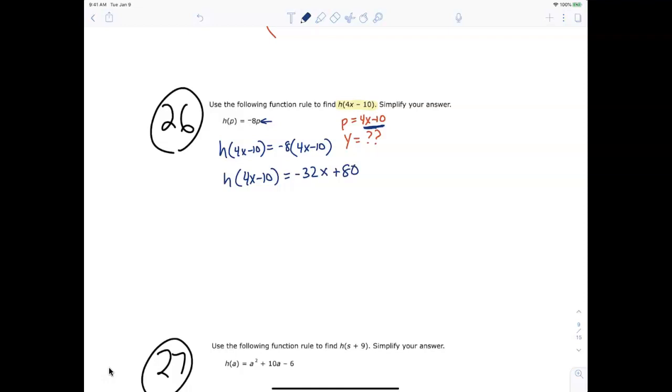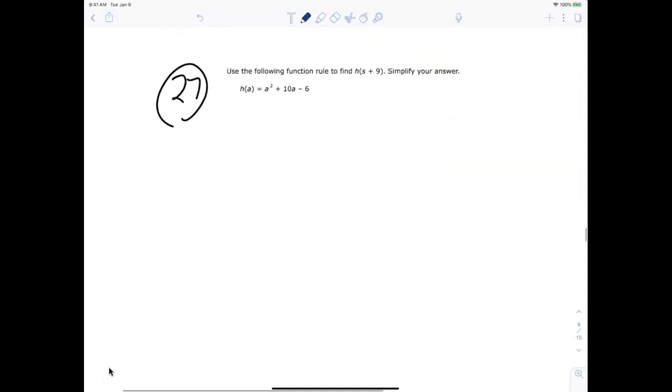All right, 27. h of s plus 9 is equal to (s plus 9) squared plus 10 times (s plus 9) minus 6.